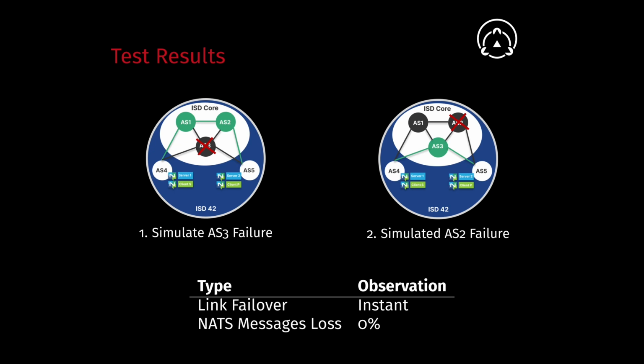So I still have to investigate exactly why it doesn't fail back. Definitely needs more investigation. But the fact is that the link failover does happen very, very quickly, and that was really one of the main things that I wanted to get out of seeing what this does with an application like NATS. So that was pretty cool.